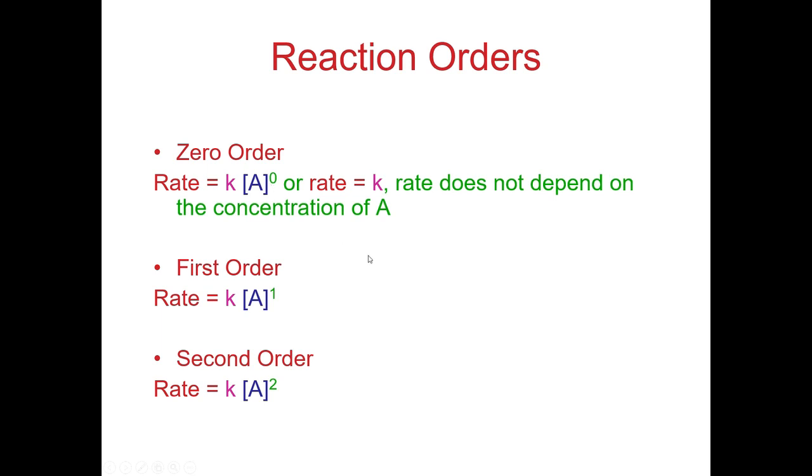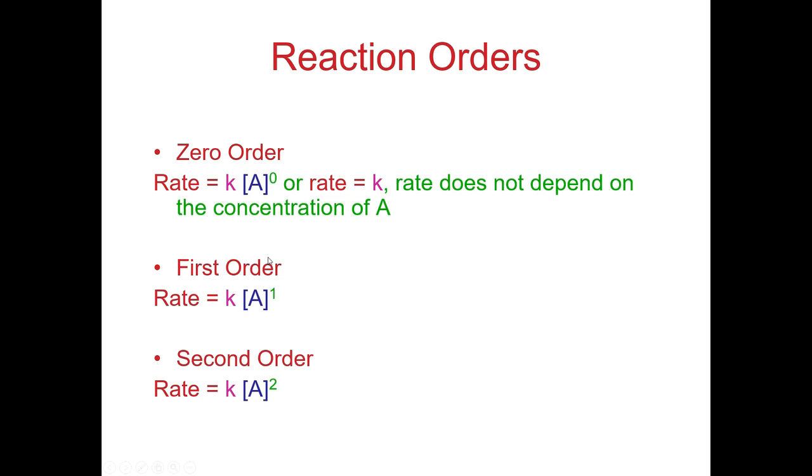And of course, any number raised to an exponent of zero is 1. So this indicates that the rate is not dependent upon the concentration of A. In this case, the rate would be equal to the rate constant K. So if a reactant is zero order, the concentration change of that reactant does not affect the rate in any way.